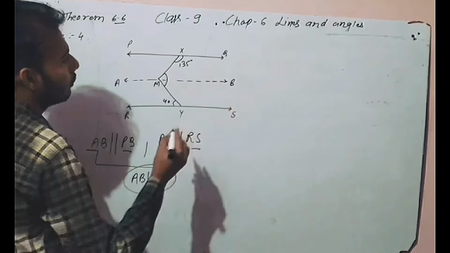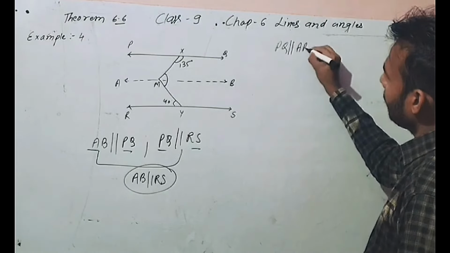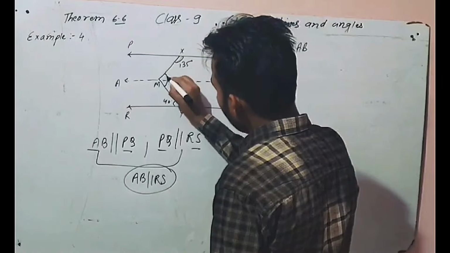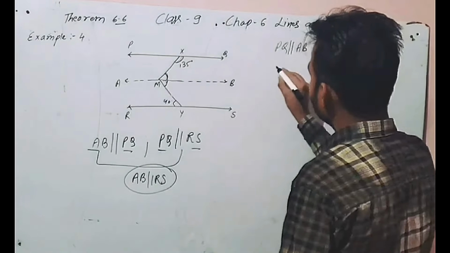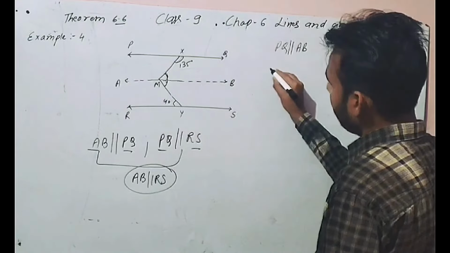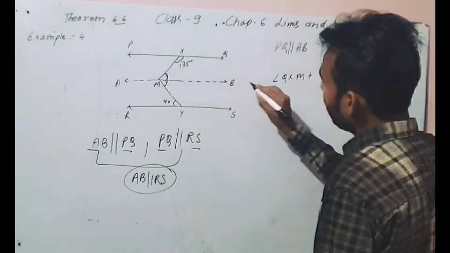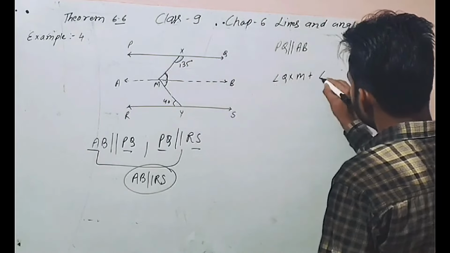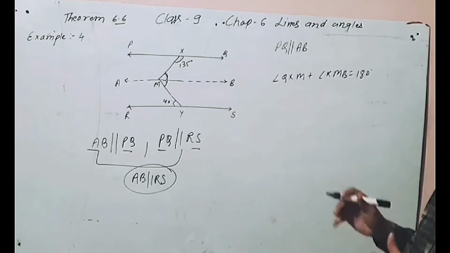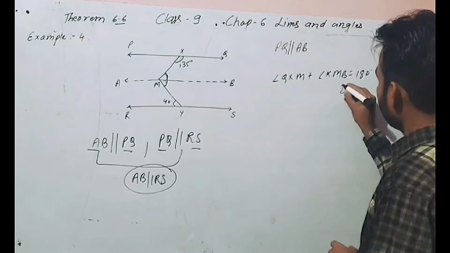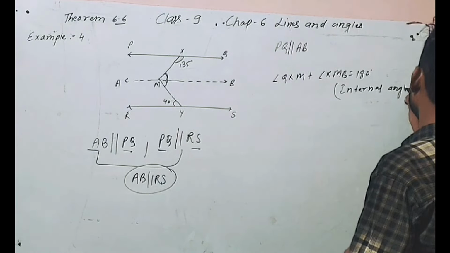First of all, PQ is parallel to AB. If PQ is parallel to AB, then I have told you the two angles on one side of the transversal line always sum to 180 degrees. So angle QXM plus angle XMB equals 180 degrees, because these both are interior angles of parallel lines.